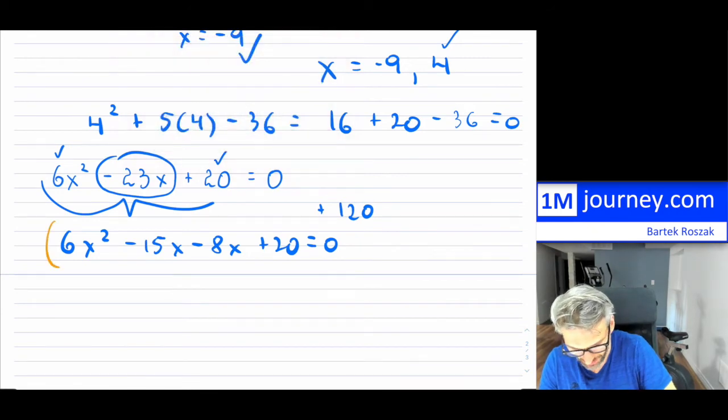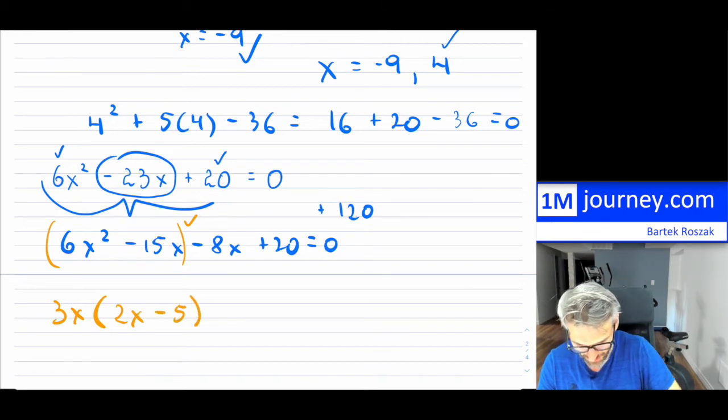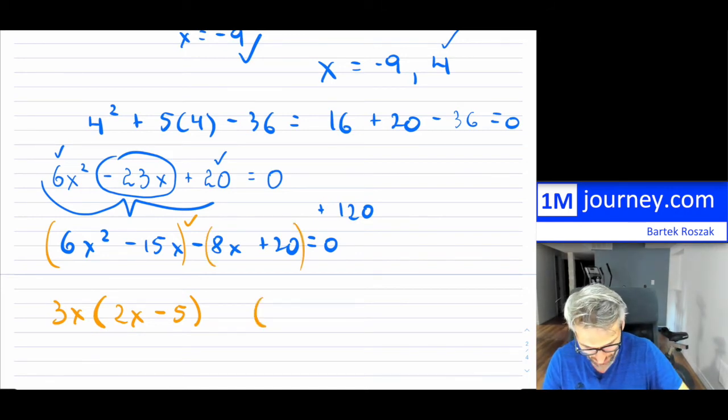So factoring this out, how can I do that? I can take out 3 and the x from the first bracket. That's going to leave me 2x minus 5, which means I should also get 2x minus 5 from the second one.